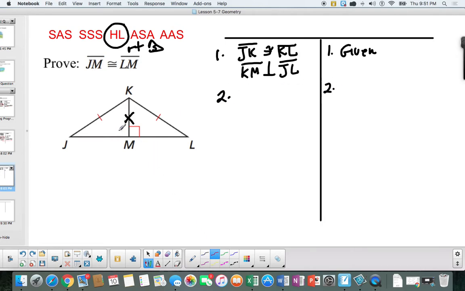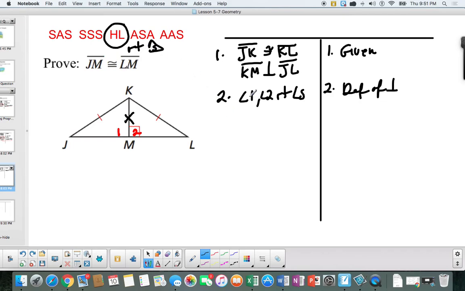I'm going to call this angle 1 and angle 2. So I know now that angle 1 and angle 2 are right angles, and that comes from the definition of perpendicular. Perpendiculars gave me the idea that both of these must be right angles.